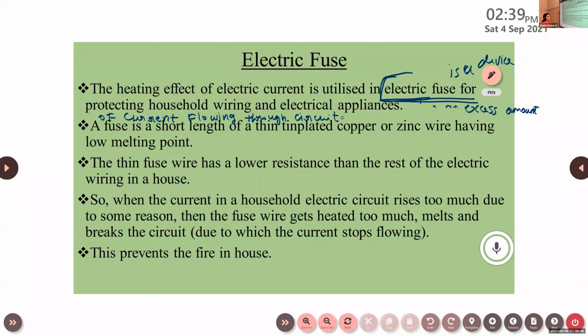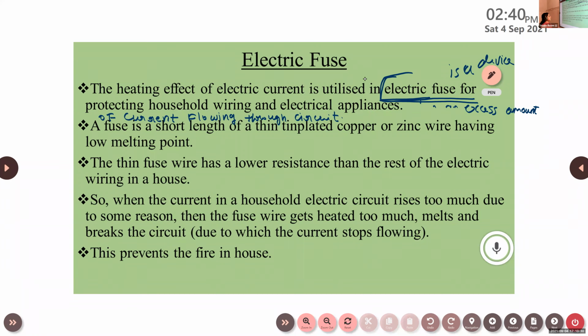Okay, so electric fuse is a device that is used for protecting household wiring and electrical appliances when an excess amount of current is flowing through the circuit. So this is the definition for electric fuse. Electric fuse is a device that is mainly used for protecting our household wiring and electrical appliances from damage when an excess amount of current is flowing through the circuit.